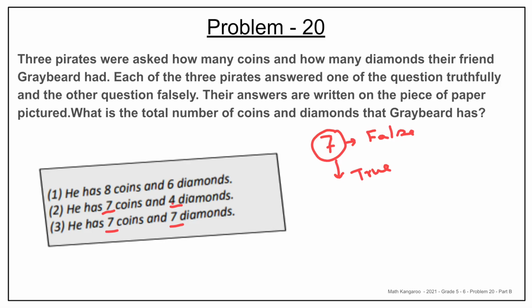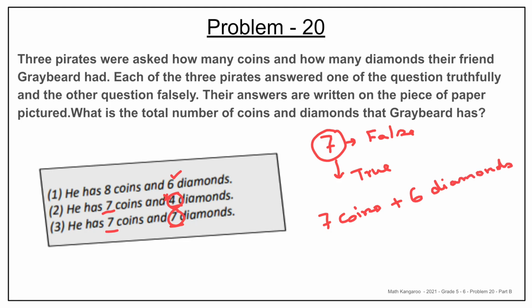So we know that 4 and 7 diamonds could not be possible because 7 is a true statement. So only 6 diamonds are left. So this means only 6 diamonds work. And each pirate has 1 true and 1 false part. So we have 7 coins plus 6 diamonds.